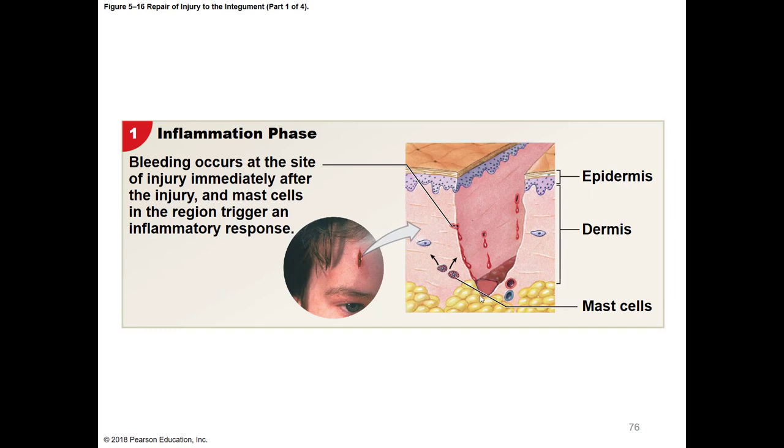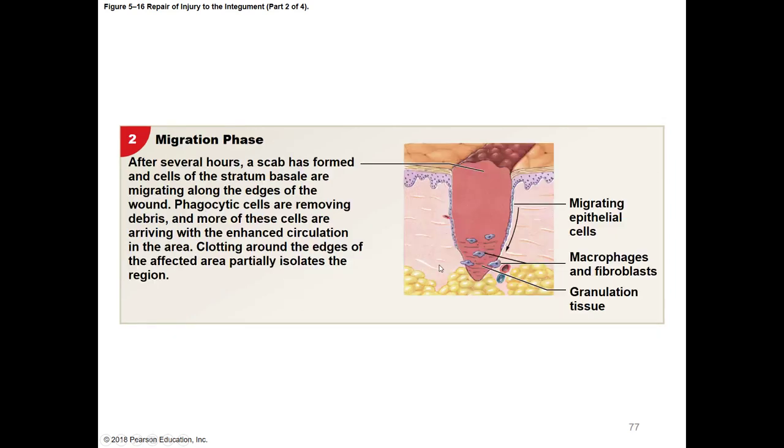Bleeding is occurring, and immediately after the injury, mast cells will trigger, these are mast cells, they will trigger an inflammatory response. After a while, a scab has formed, which has sealed off the wound, and awesomely, the cells of the stratum basale, way up in the epidermis, begin to migrate along the perimeter of the cut.